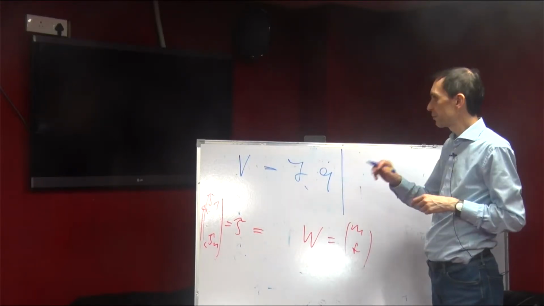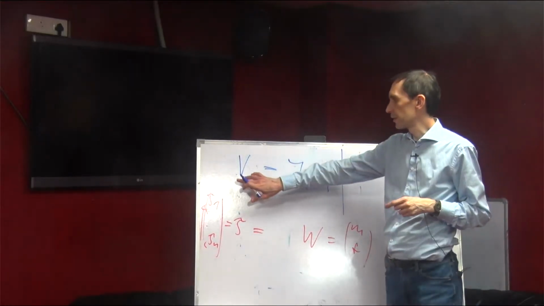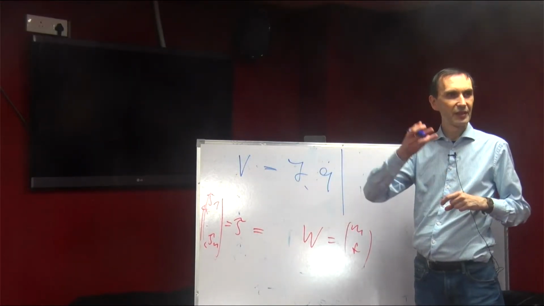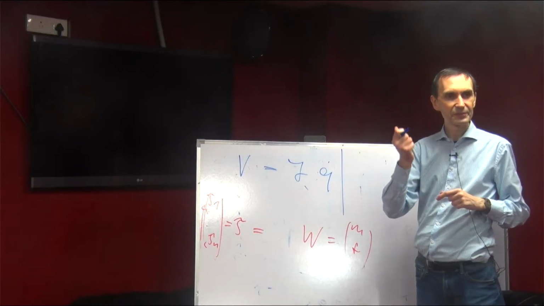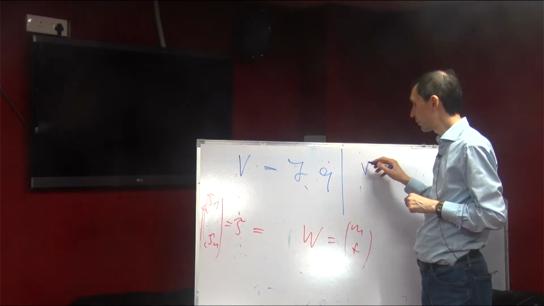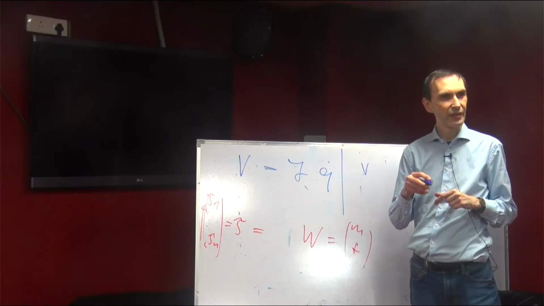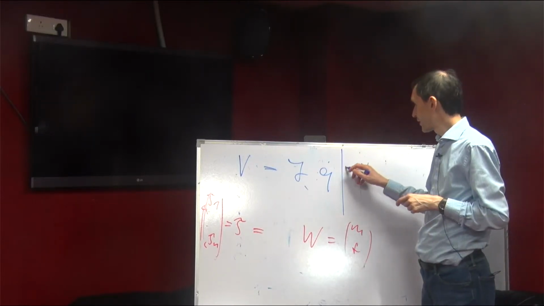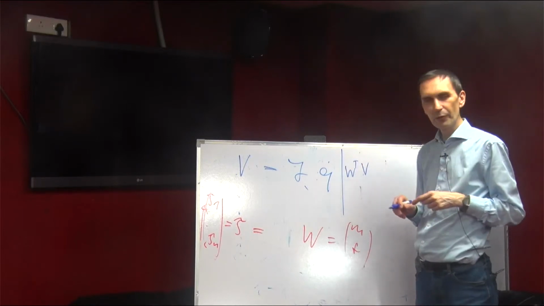So what's the power at the end effector? Generally, power is essentially force times velocity.